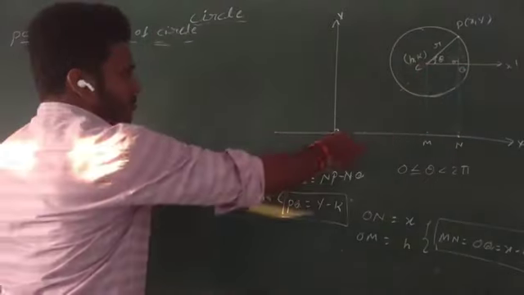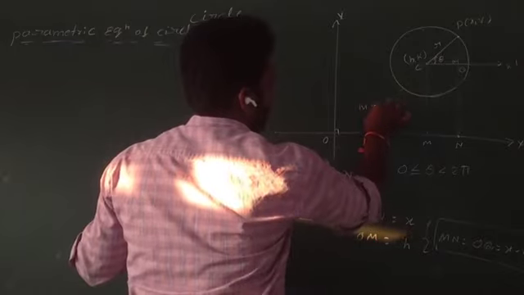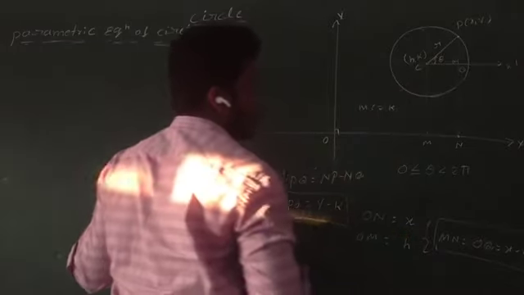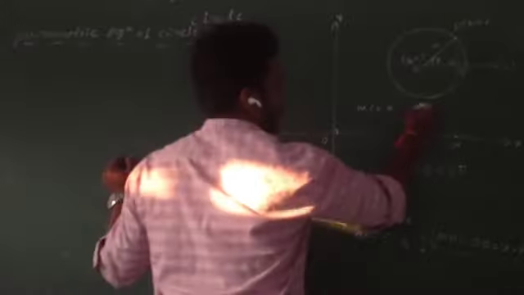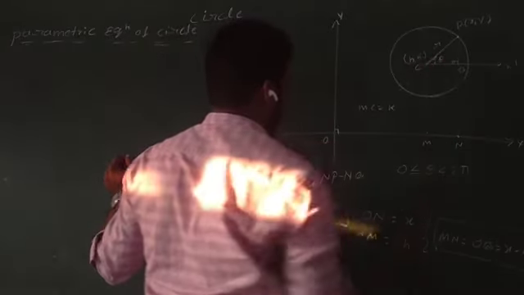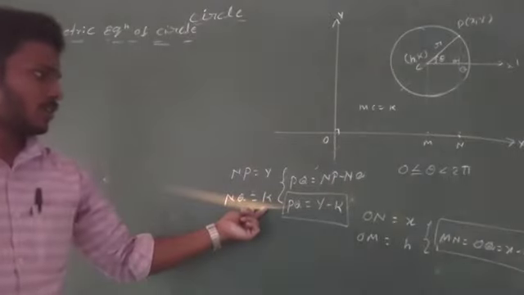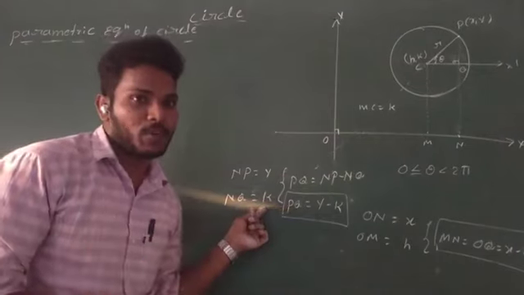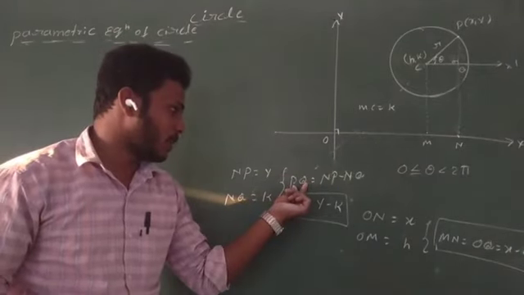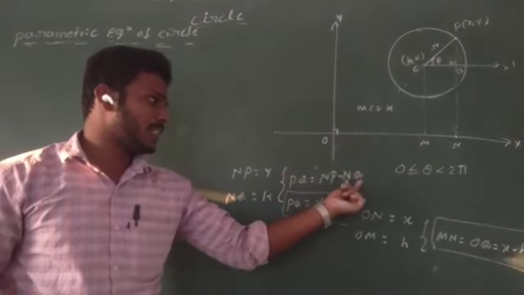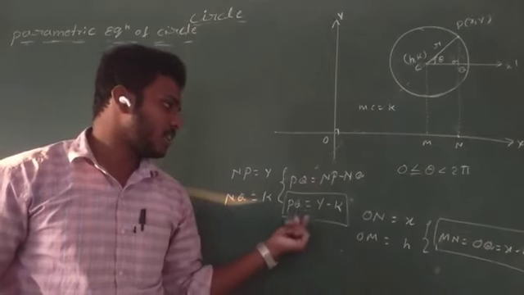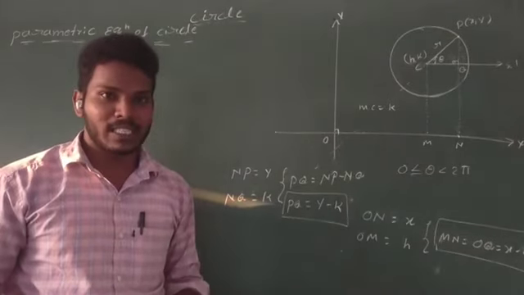MC is the k distance, and MC equals NQ, so NQ is also k. I need to find the PQ distance. Total PQ equals NP minus NQ, that is y minus k.